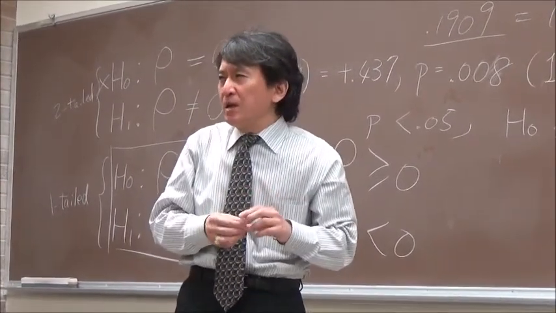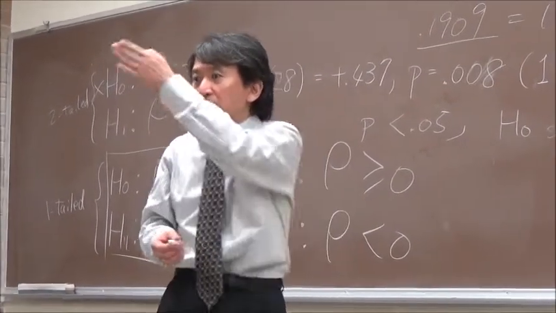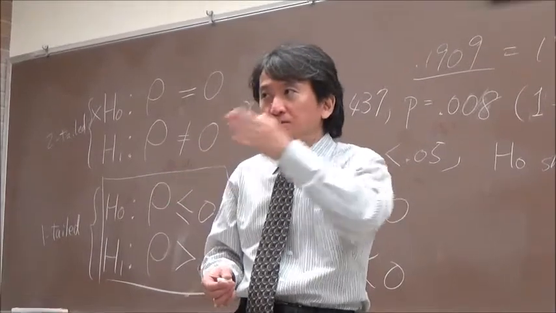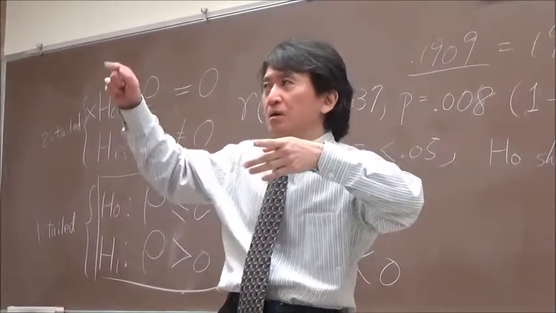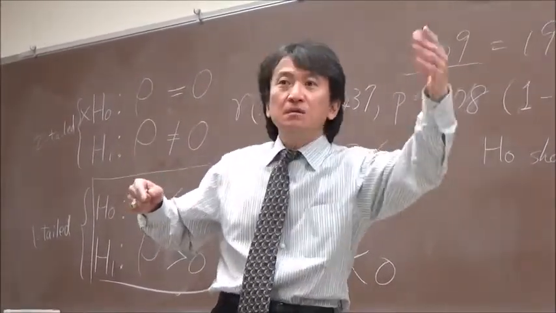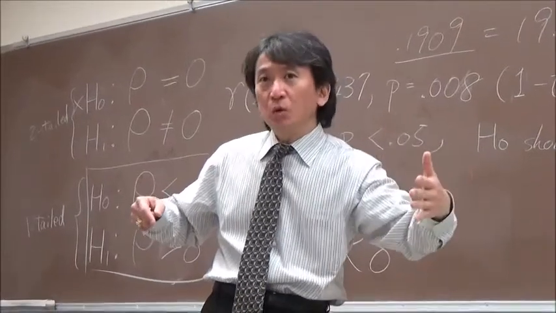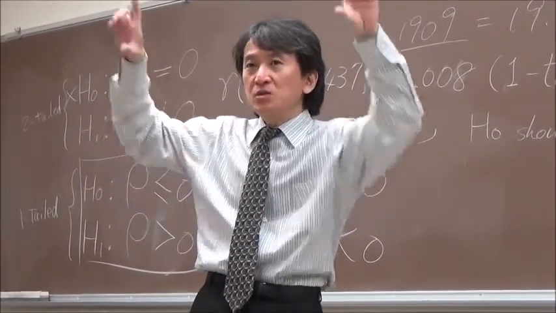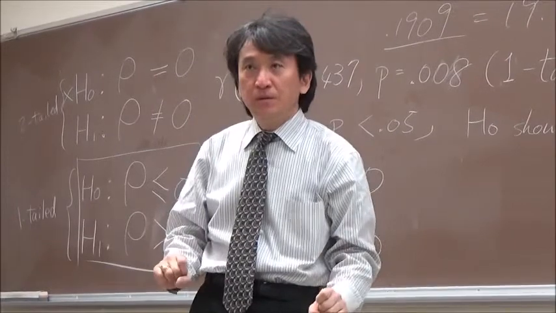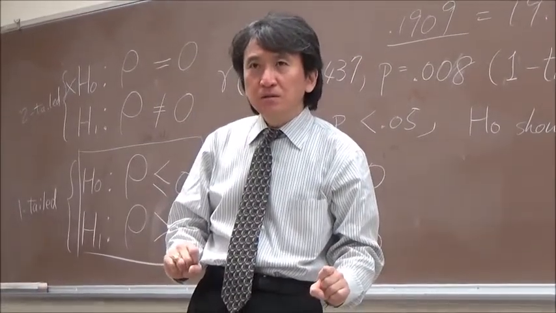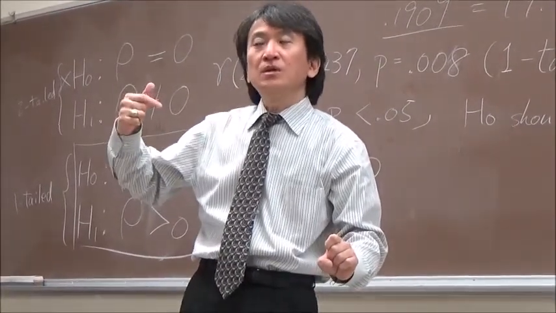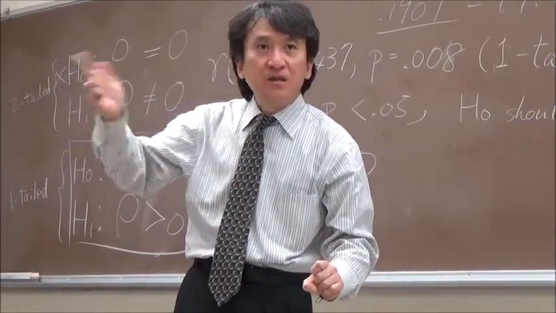Agenda setting is something like that. Media agenda influences public agenda in a positive way. So they are looking for positive correlation, not negative. So they are actually doing a one-tailed test rather than a two-tailed test.